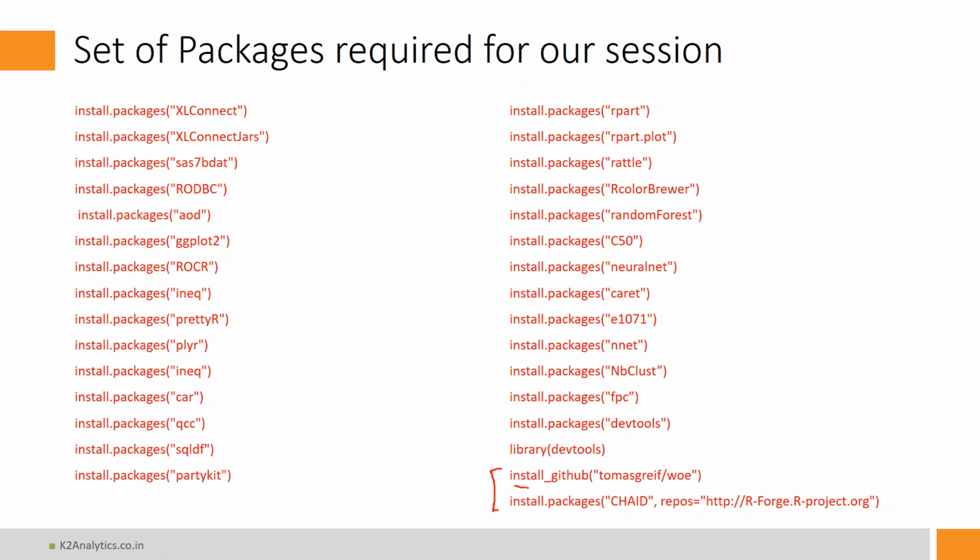To download those packages, you require a package which is called DevTools. You require a package called DevTools. The syntax is not install.packages. It is now install underscore GitHub. GitHub is a place where many people who create their own projects and utilities are making those utilities available to people at large.